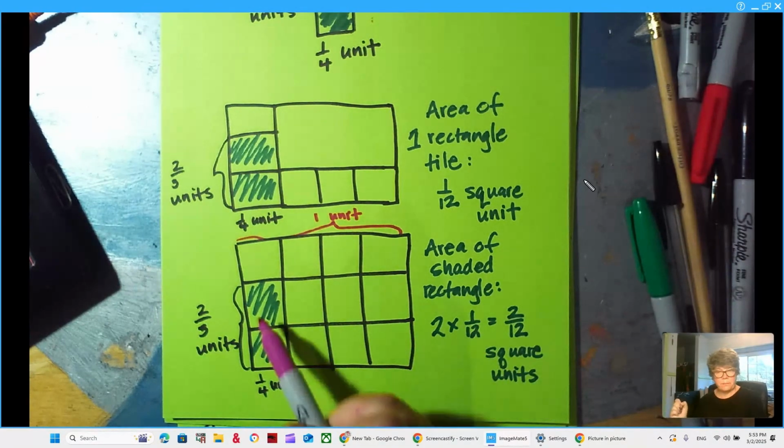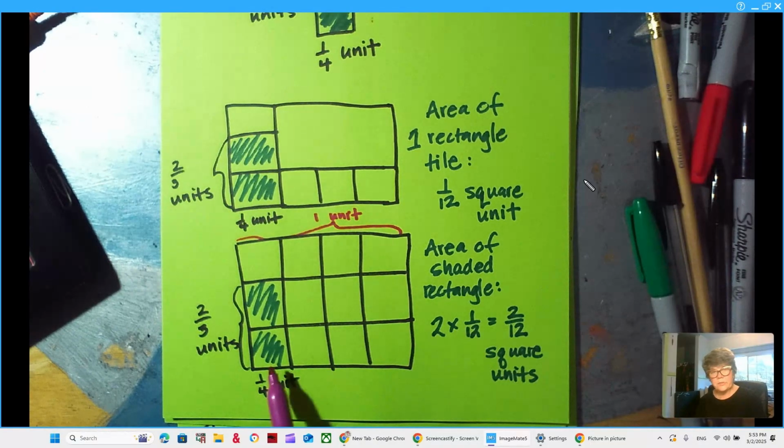Because there's 2 of them, and each one is 1 out of 12. So 2 times 2/12. All right, and see if there's anything else we want to say about this drawing and what we notice and what we see there.